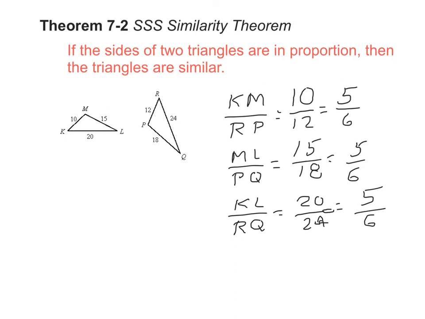Whether they are or they aren't, I would like you to indicate your answer in the drop box. So that's triangle ABC with sides 4, 5, and 7, and triangle XYZ with sides 16, 20, and 28. Are they similar? And put your answer in the drop box.